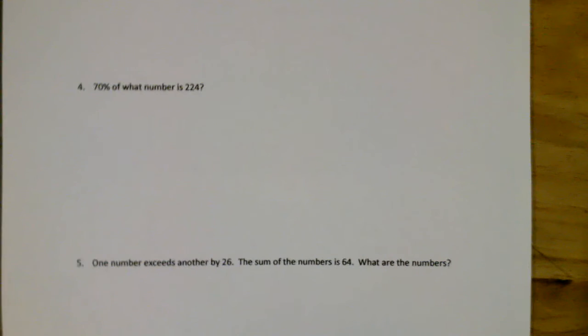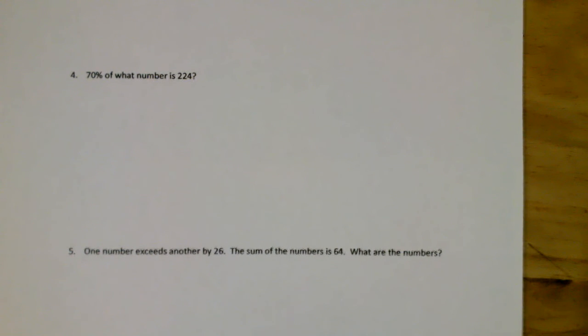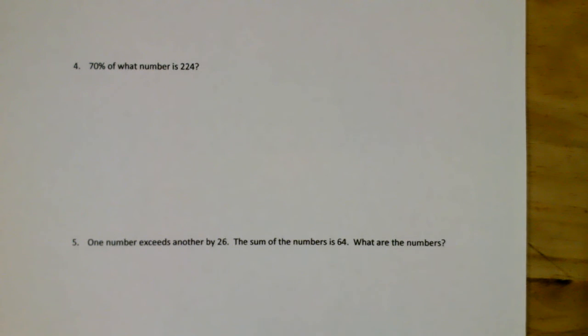All right, here's another example. Now this is probably something you've seen when you're doing percent problems in one of your earlier math classes. 70% of what number is 224?